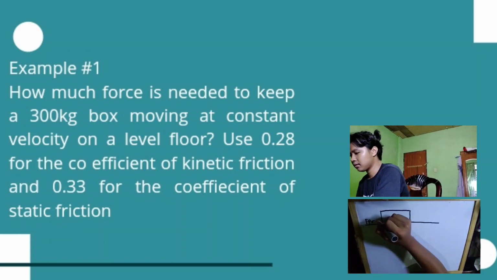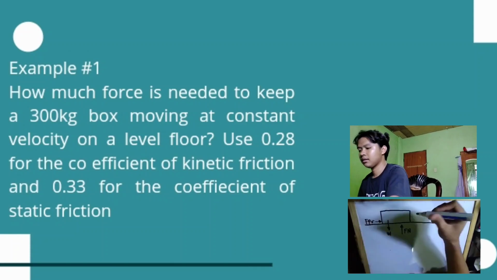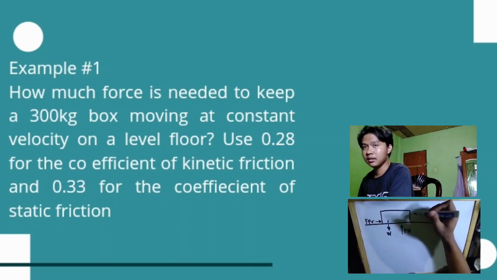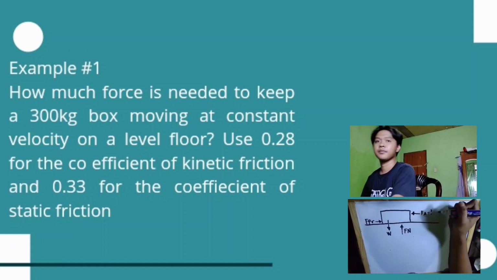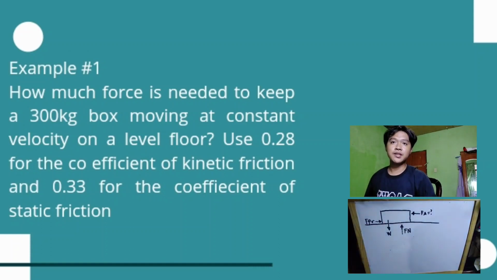And this is the applied force. The applied force is the missing value in this problem. So, how much force is needed to push the 300 kilogram box at a constant velocity?